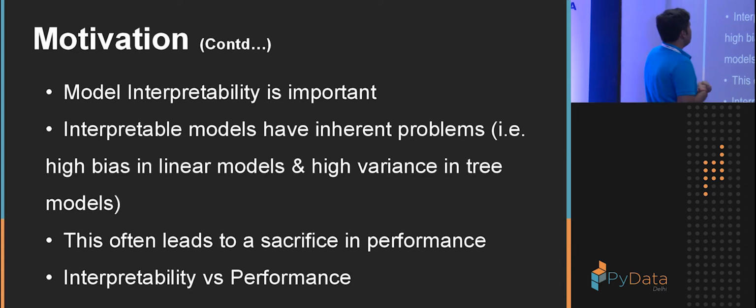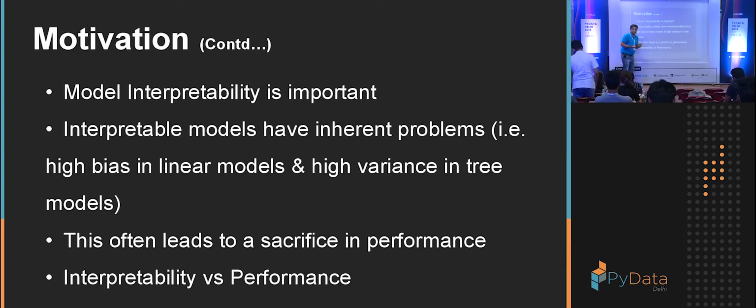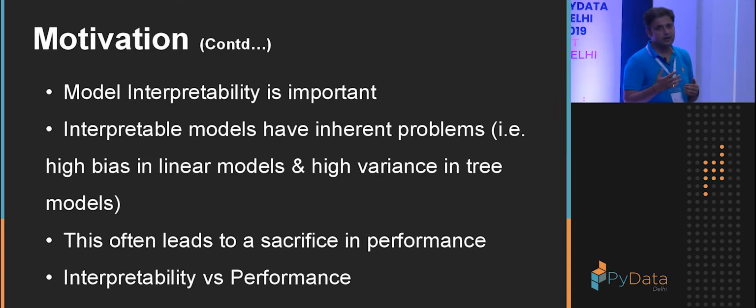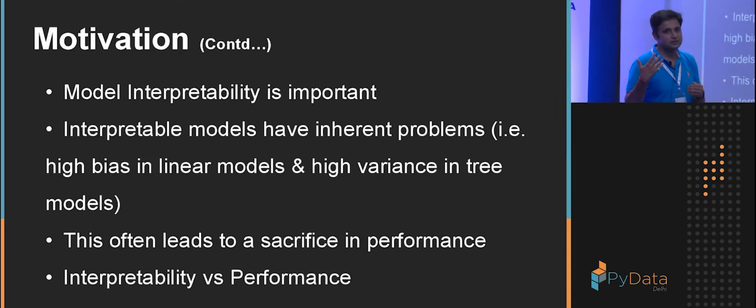So now, model interpretability. As I mentioned, there are a few reasons why it is becoming important. After that, the interpretable models have their inherent problems as well. When we use linear models, those are highly biased, meaning we can't move beyond a certain accuracy.